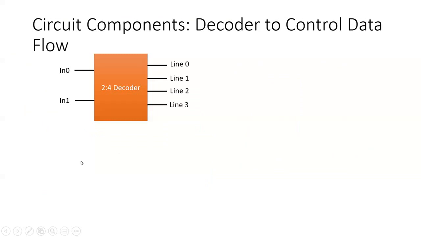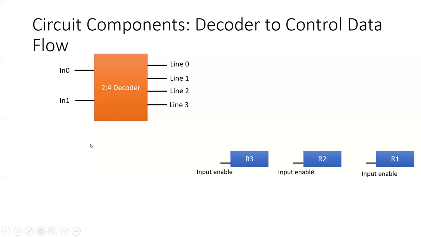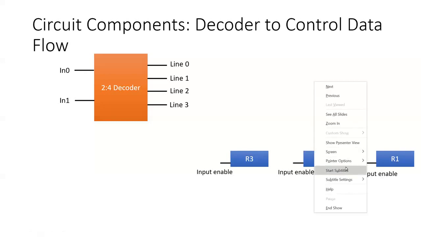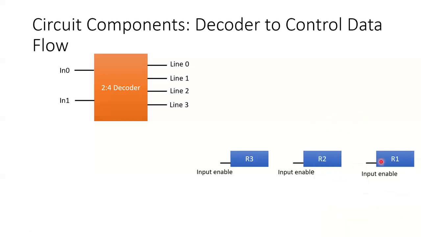Okay, so let's see how we use this. We have this decoder, and then we have 3 registers, remember? Now we need to control the input enables of these registers using this decoder. The idea is that if the input enable of R1 is on, the data will flow in R1 only, right?